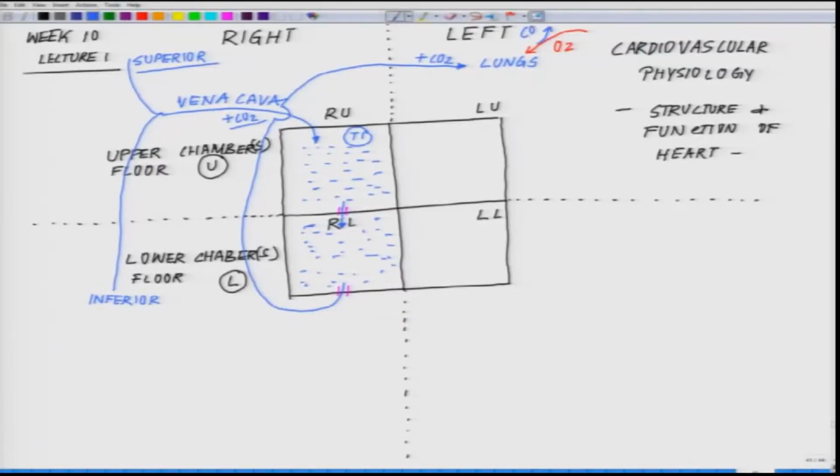We will come later into how the lungs do it. So now this oxygen mixes with the blood and makes the blood rich in oxygen. So here we are mentioning it O2, and this oxygenated blood comes to the left upper chamber.